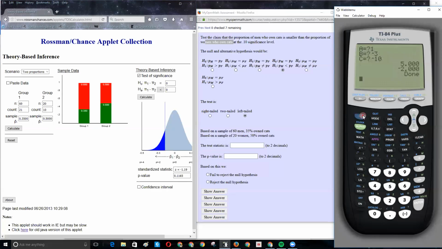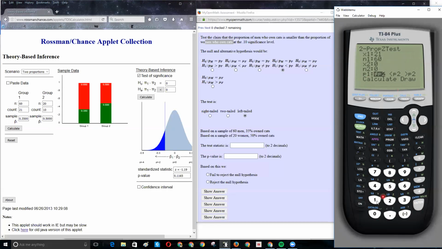Let's see what my graphing calculator tells me. So I'm going to quit this. Let me clear. So then I'm going to do stat test, and I want a two proportion z test. You see choice 6? And then it's asking the same information. And of course, I already did this calculation. So males is 21 out of 60.